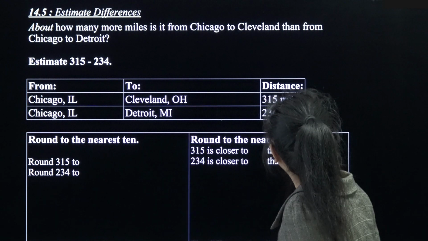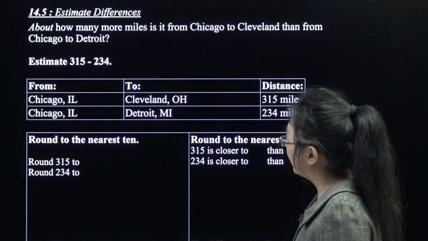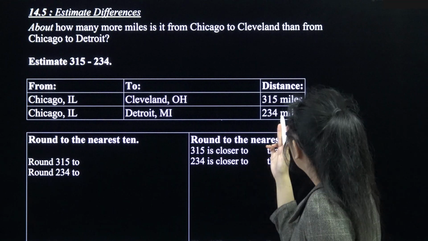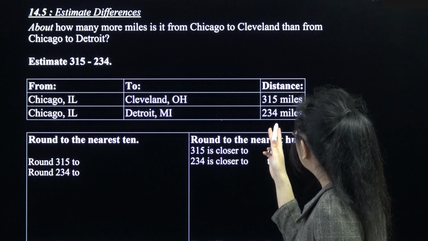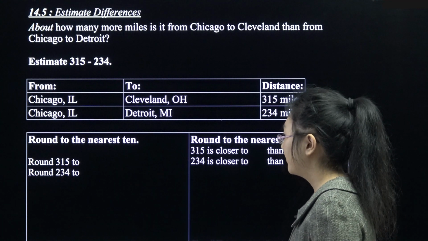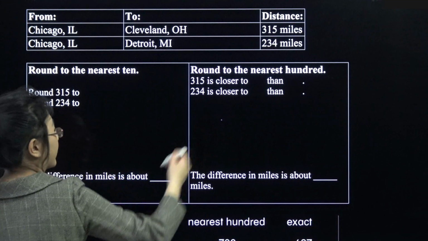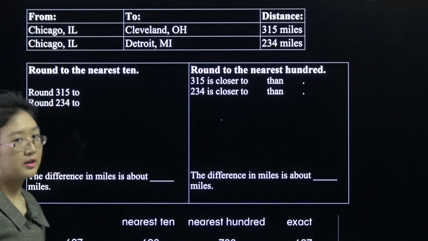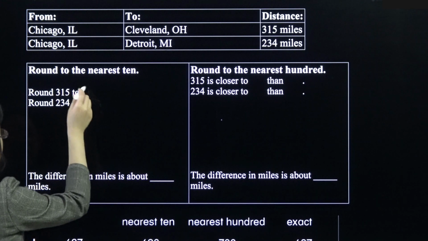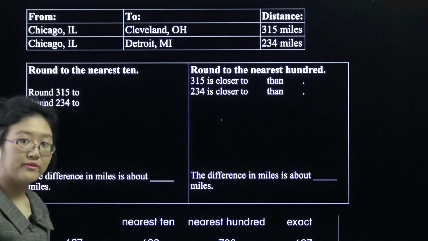To Cleveland, Ohio, the distance is 315 miles. From Chicago, Illinois to Detroit, the distance is 234 miles. Round to the nearest 10. We could do that, or we could round to the nearest 100. You would find that rounding to the nearest 10 is much more accurate. Round 315 to the nearest 10. What's the ones place? 5.